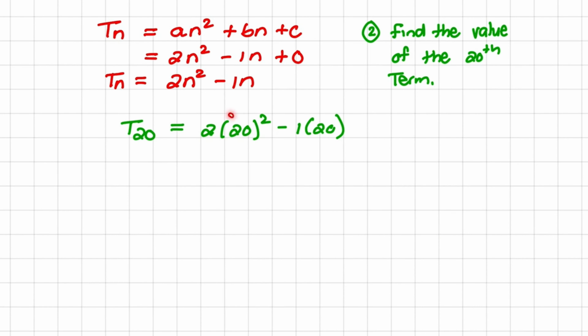The brackets are there to remind me that I'm squaring the 20 and not 40. So I'm not squaring 2 times 20, which is 40 squared. I only need to square the 20. It's also helpful when you use your calculator to use brackets, as this will help you avoid these common mistakes. So when I substitute those in, the 20th term is equal to 780.